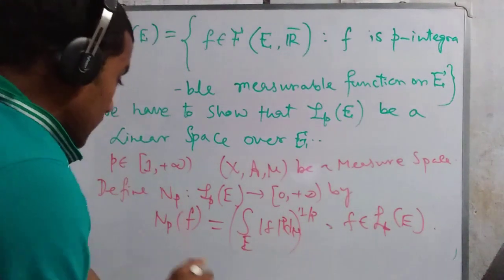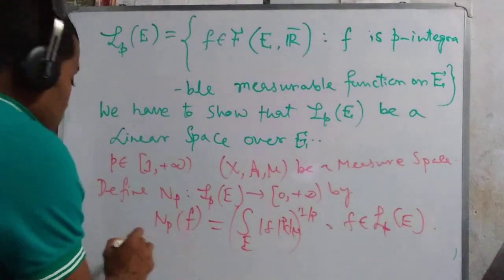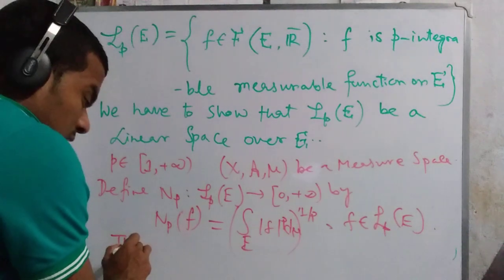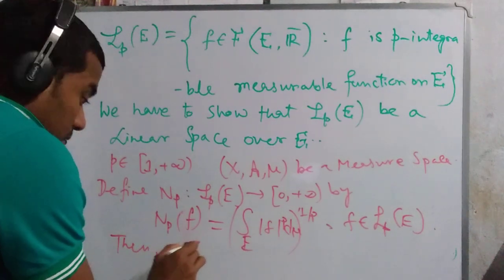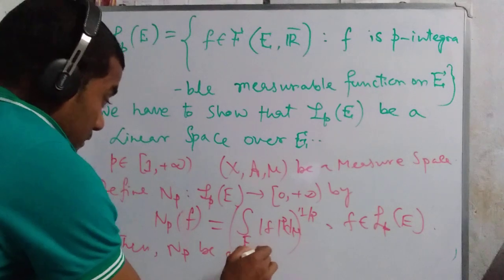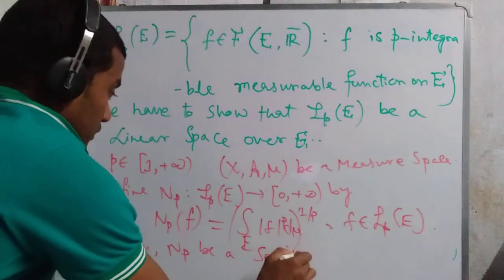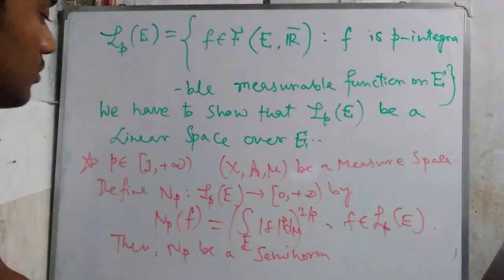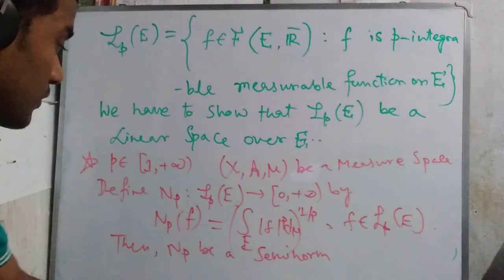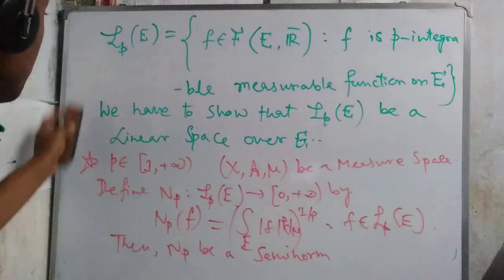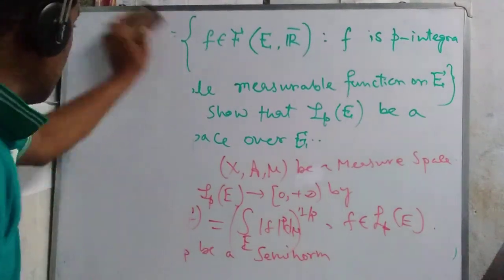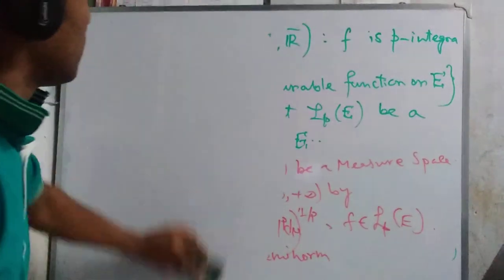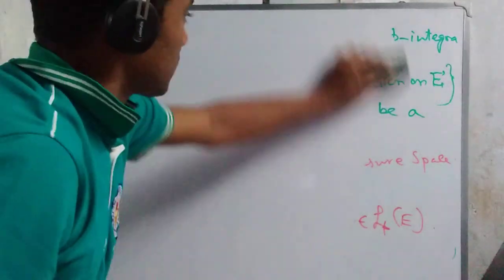Then we have to show that N_p is a semi-norm. So we discuss this today. We erase our portion, then go on to further discussion.